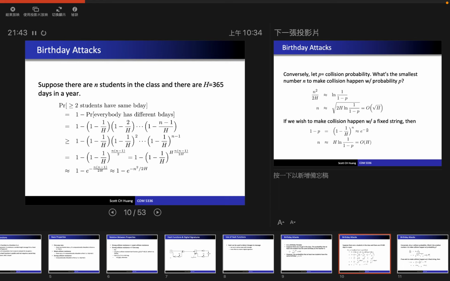So here, now what we want to do is use this. If you know the natural exponent from elementary calculus, we have that.